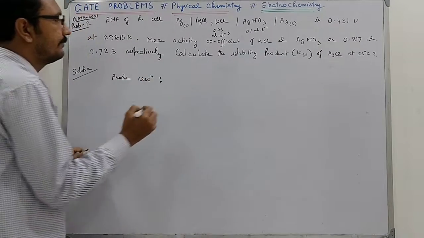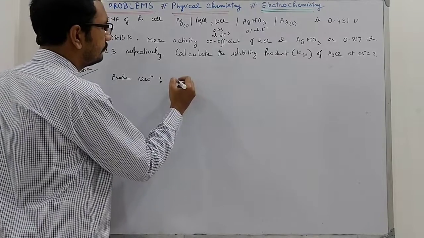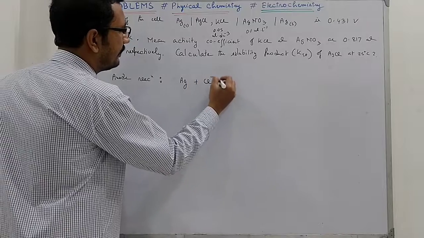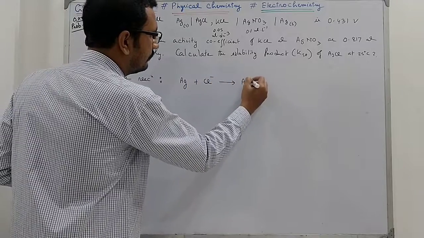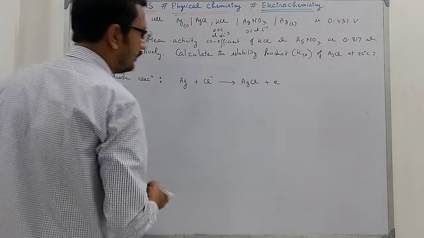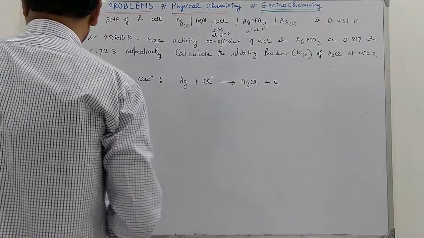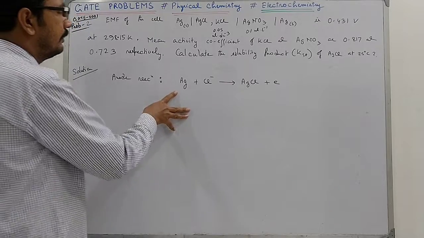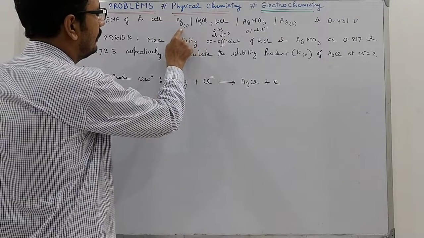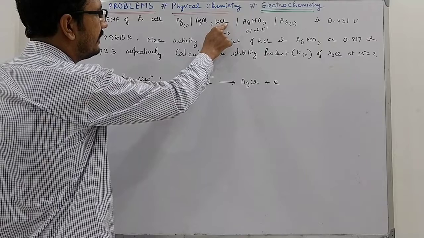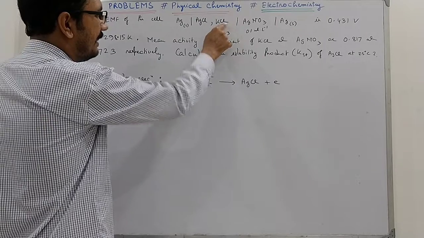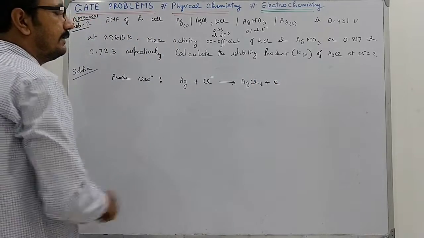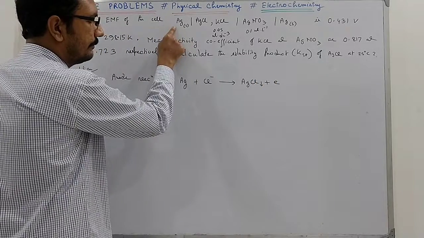Now the anode reaction will be Ag plus Cl minus arrow AgCl plus electron. This is interesting. Silver is reacting with Cl minus from the KCl solution, and it is getting precipitated in the form of AgCl after releasing an electron at the anode.